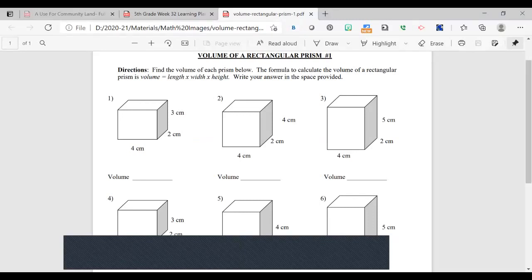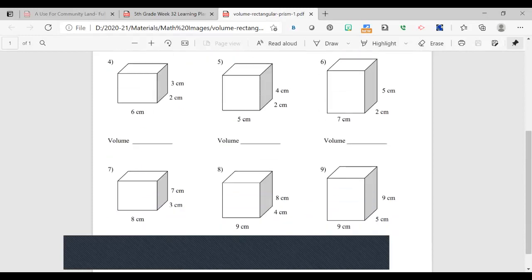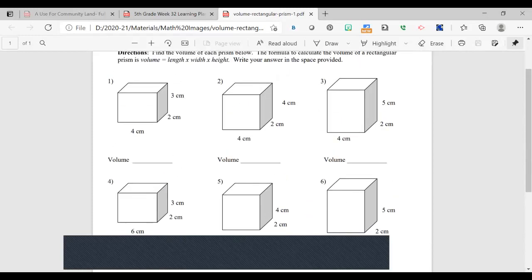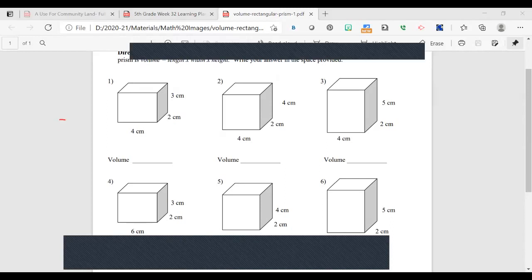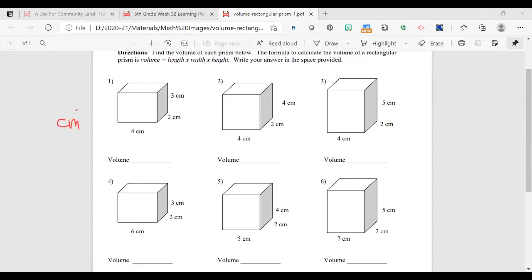So in this one, it'd be centimeters cubed, or cubic centimeters. In fact, they're all centimeters cubed. And that's going to be written like cm to the third power. And if it was feet, it'd be ft to the third, inches, in to the third.